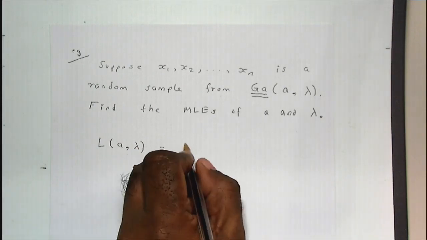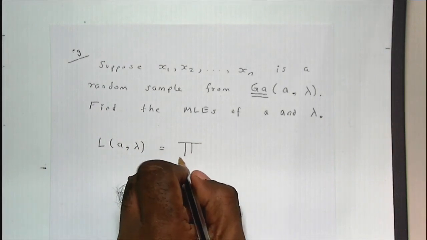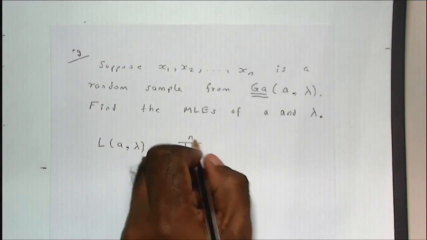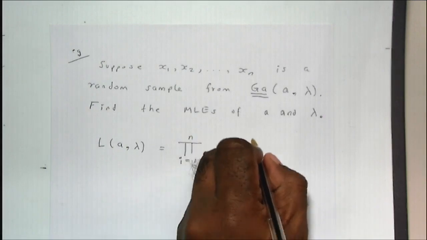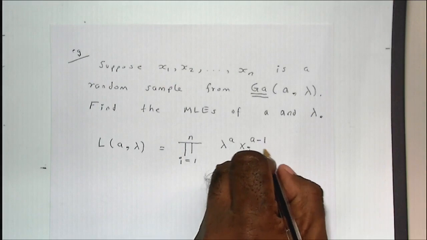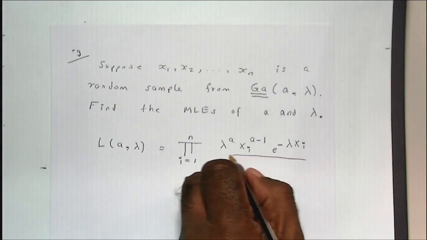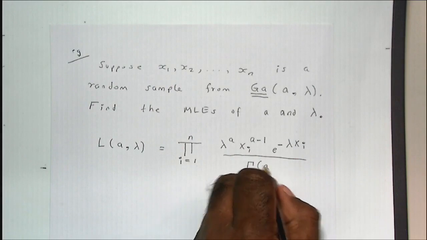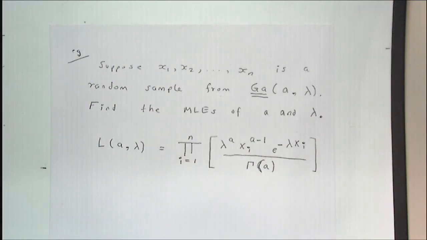So this will be the product of the density function of the gamma distribution. Yeah.